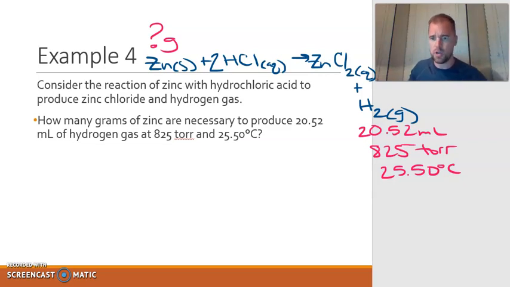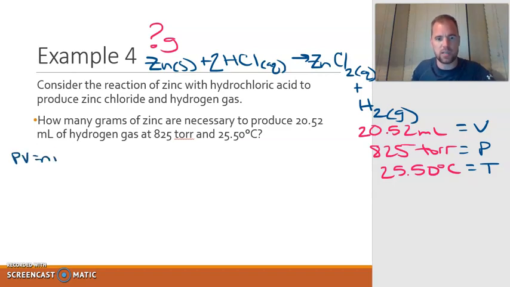Okay, so for hydrogen, I know a volume, I know a pressure, and I know a temperature. It's not in the right units, we'll take care of that, but I know enough information to use the ideal gas law, right? So if the ideal gas law is PV equals nRT, I'm trying to use all of this information about hydrogen gas to figure out the number of moles. That's the first step. So I'm trying to use the information to figure out n.